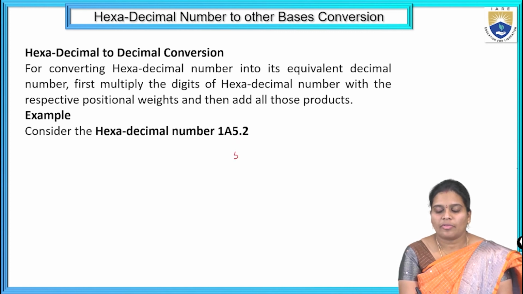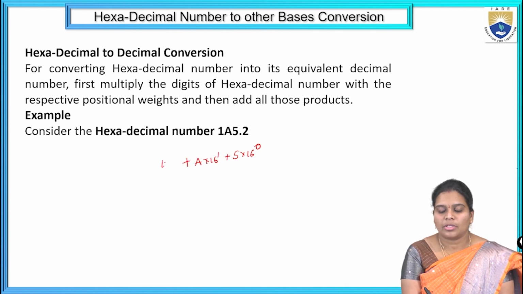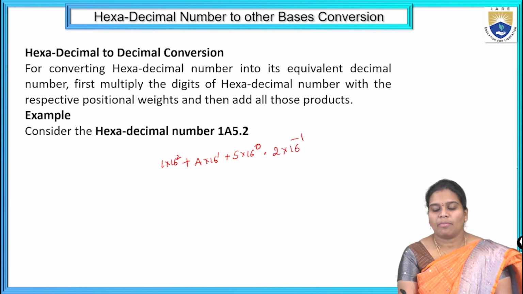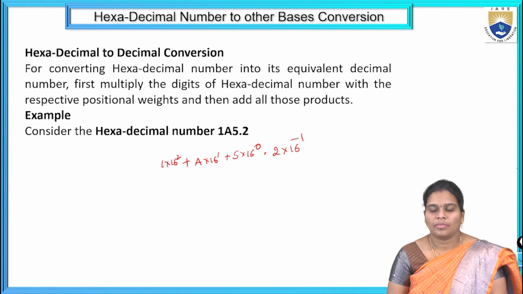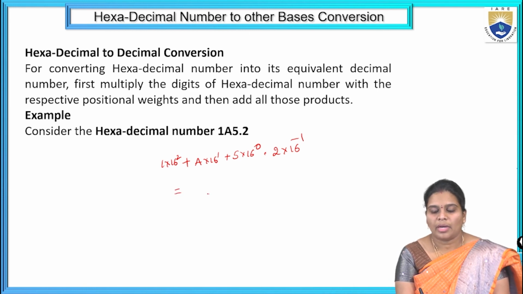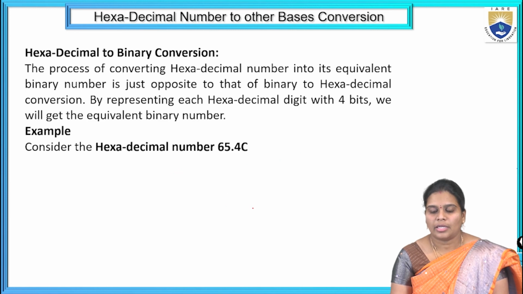On the left side, we multiply by 16 power 0, A into 16 power 1, plus 1 into 16 power 2. On the right side, 2 into 16 power minus 1. So we get the decimal value. After multiplying, we sum all the values to get the resultant value.